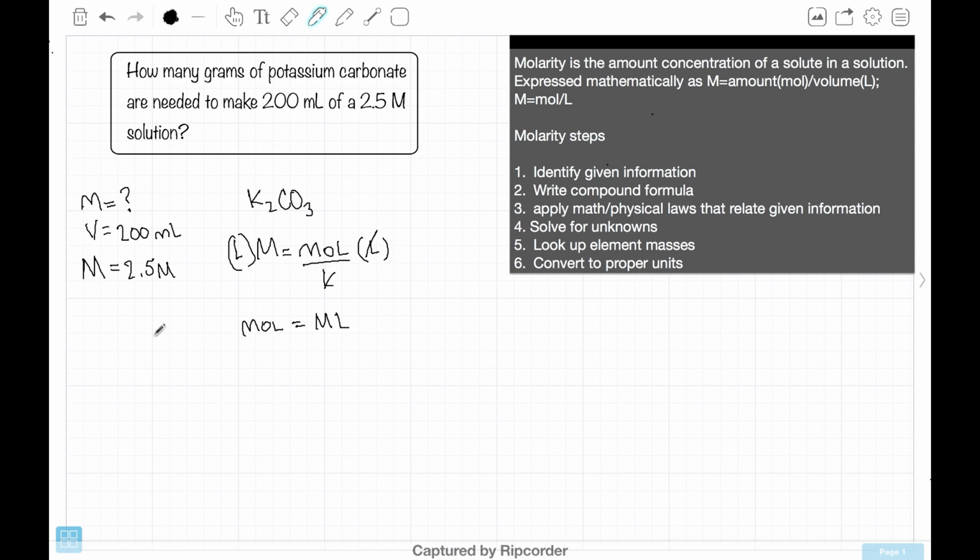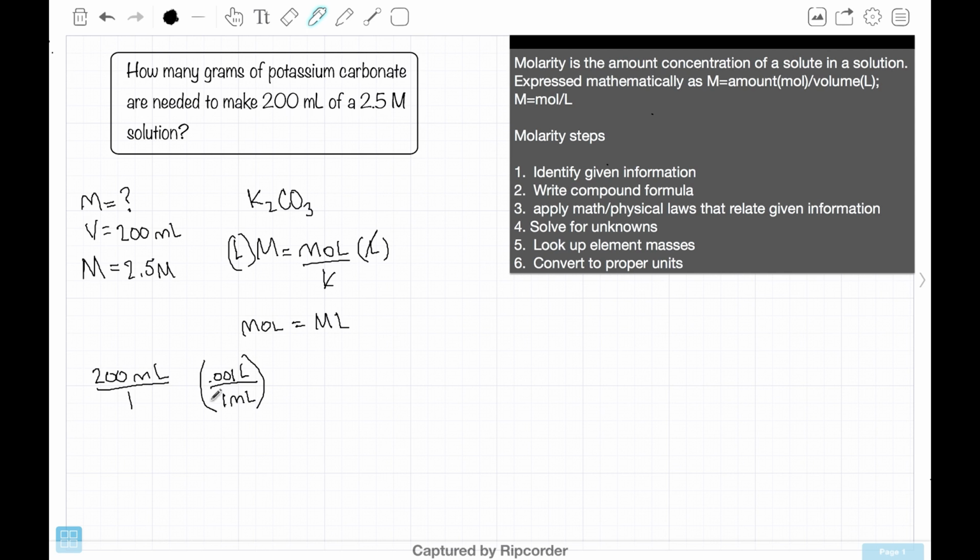Okay, so in order to do this, we have to convert the volume over to liters, and we have 200 milliliters, and I'll put that over 1. Now the ratio that relates milliliters to liters is 1 milliliter equals 0.001 liters.